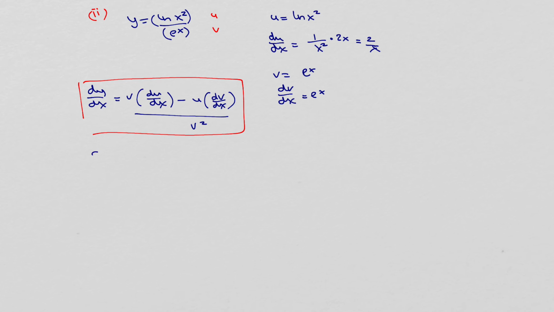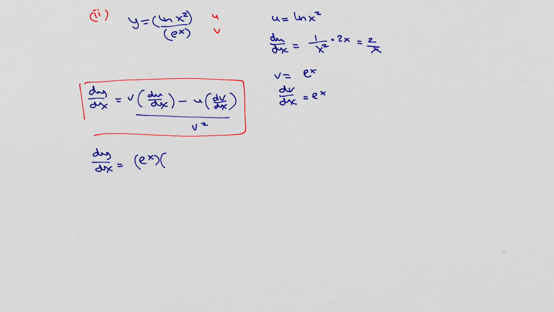So subbing in, we have dy dx is equal to v, which is e to the x, times du dx, which is 2 over x, minus u, which is natural log of x squared, times dv dx, which is e to the x. And then that's all over v squared, so that's e to the x squared.